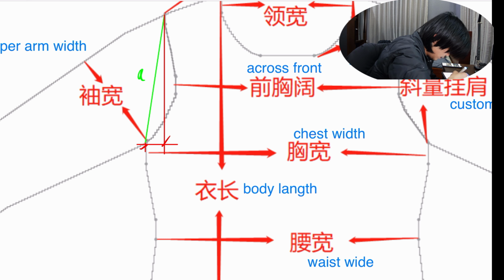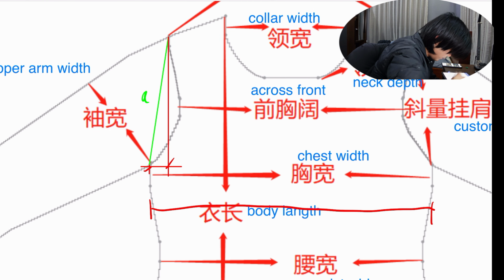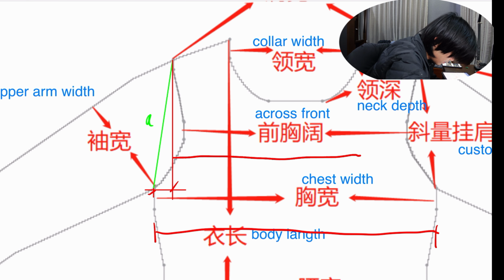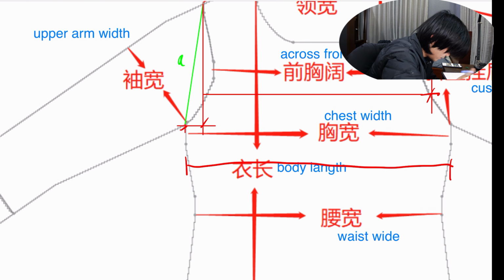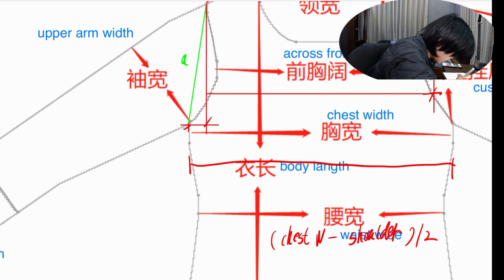How? See, this is the chest width, is that right? And from here to here, it's called shoulder width. So the chest width minus shoulder width, bracket divided by 2 equals this part.